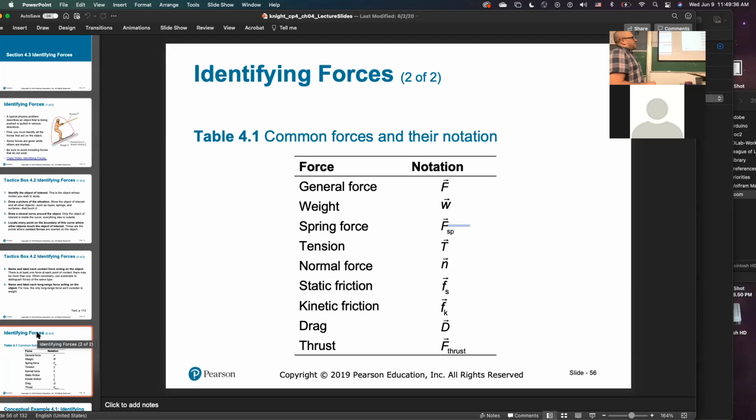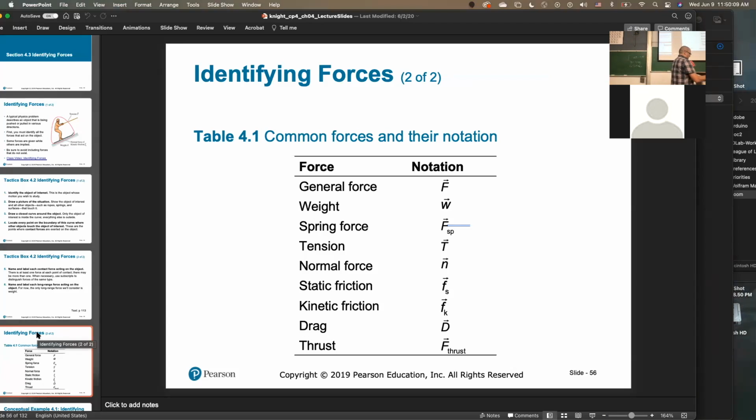Now, in order to get an object to start moving, which one is bigger, the static frictional force or the kinetic frictional force? Yes. The static is bigger. So once you start pushing on an object, you have to apply a lot of force before it starts to move. But once it starts moving, the force of kinetic friction is usually smaller. So to keep it moving, it doesn't take as much force, right?